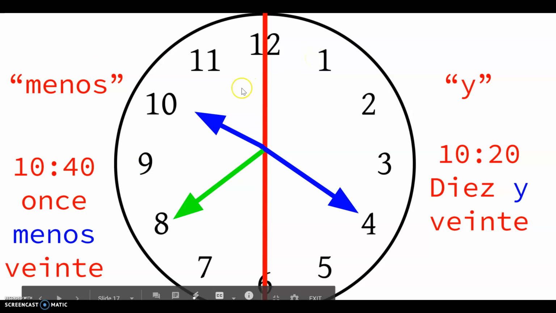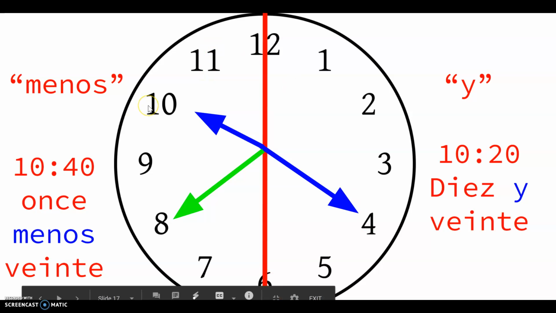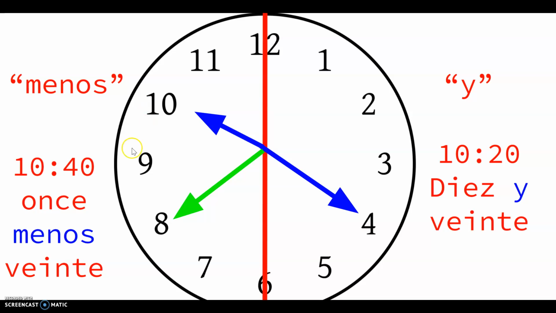Let's look at another time, like 5 till 11. You could say son las 10:55, but it's a little bit long, so it would be easier to say son las 11 menos 5, 11 minus 5.